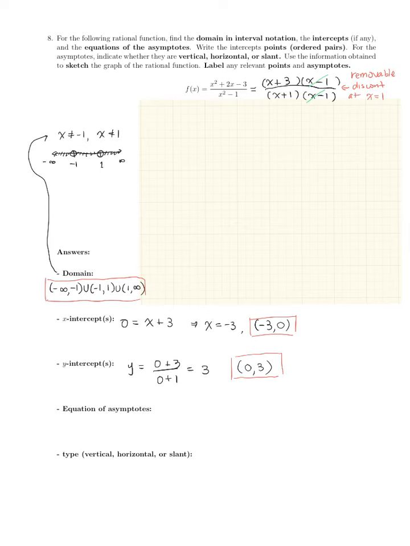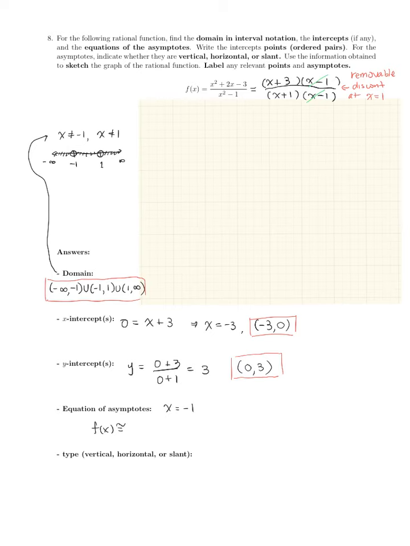Now, the equations of the asymptotes. First, we are guaranteed a vertical asymptote at x equals negative 1, because that's where the rational function becomes undefined. Also notice that the leading coefficient of the numerator is 1, and the denominator's leading coefficient is also 1.